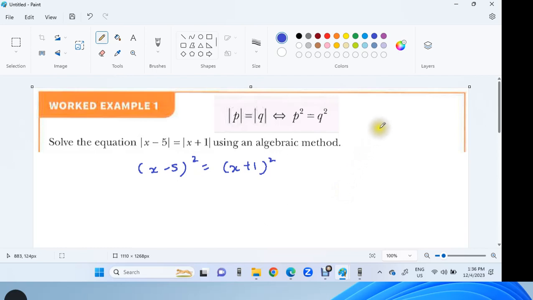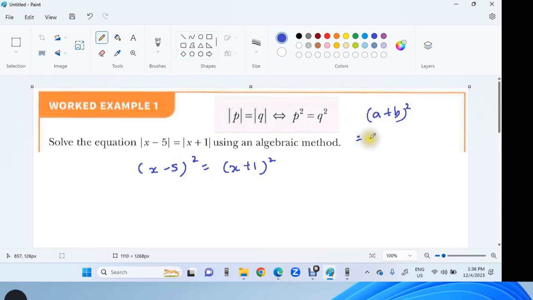One thing that you must be good at in this technique is expanding. I feel that this is not difficult because I'm good at expanding this kind of thing. If I have a plus b squared, I know it will become a squared plus 2ab plus b squared. If I have minus, then I change to minus here, but the b part is still the same plus. So we have x squared minus 10x plus 25 equal to x squared plus 2x plus 1.